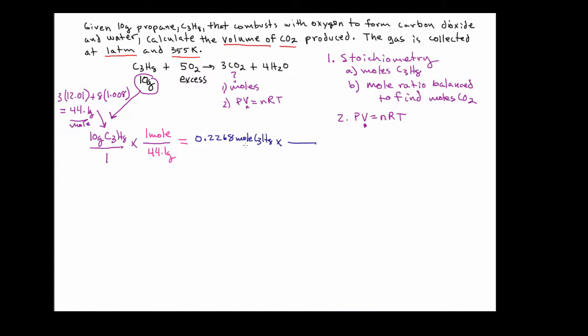Now, in the next step, we want to go to the CO2. So we're going to use a ratio from the balanced equation, and we see that for every mole of C3H8 that is combusted with the oxygen, we produce 3 CO2s. So we're going to have 3 CO2 in the numerator, or the top of the mole ratio fraction, and 1 mole of C3H8 in the bottom of the fraction.